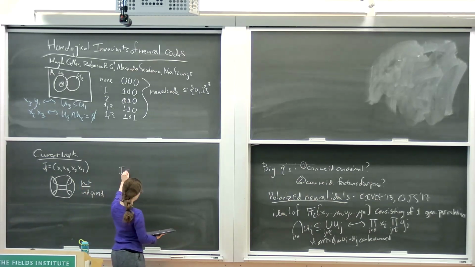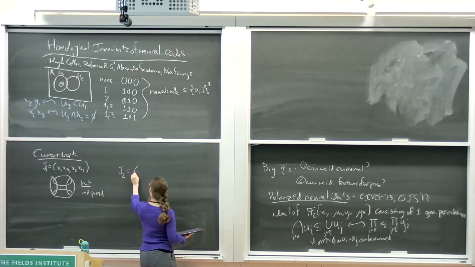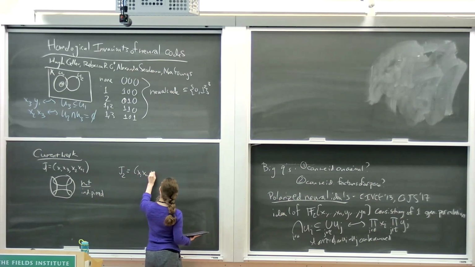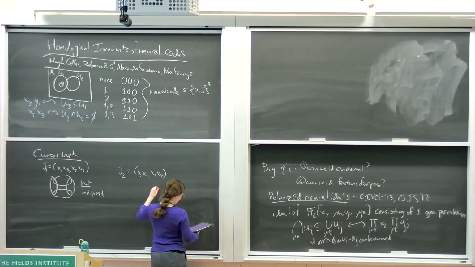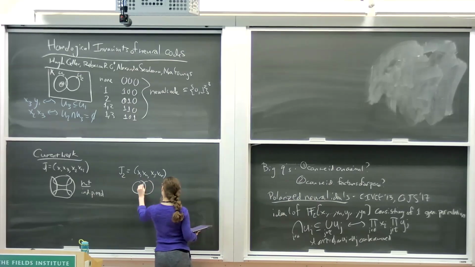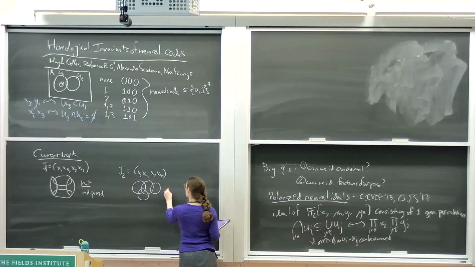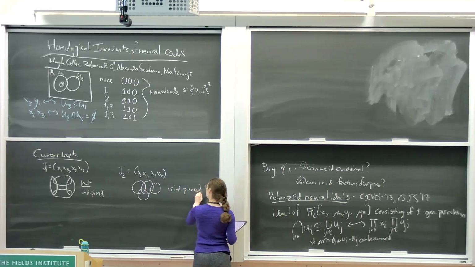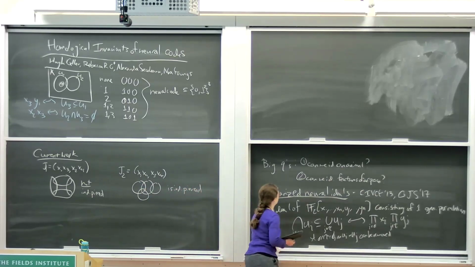Versus J2, which is going to be x1, x4, x3, x4. And this one is inductively pierced. And let's put the other one here.